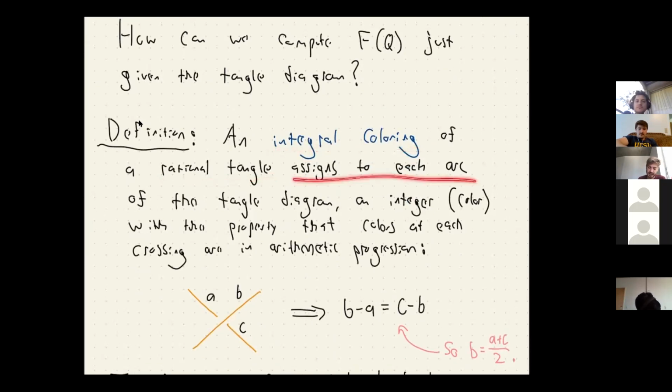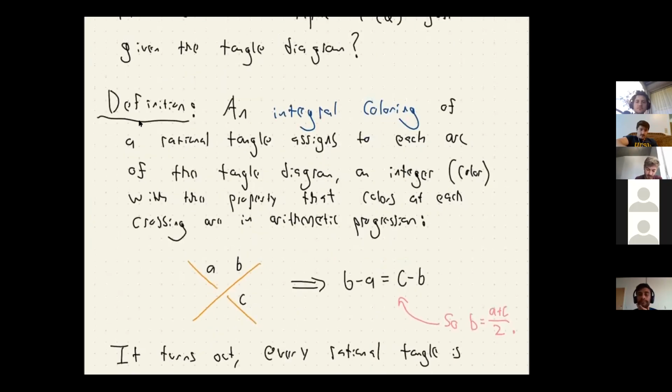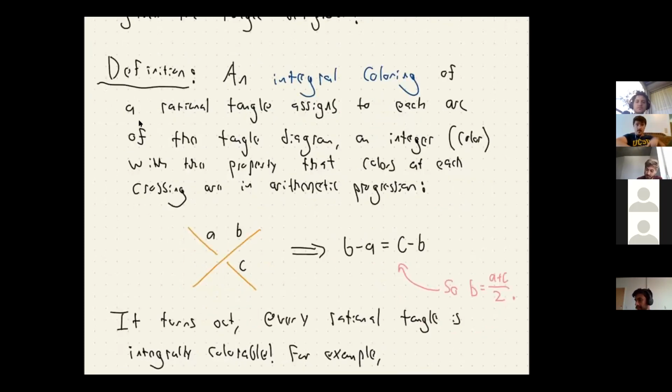It assigns to each arc of the tangle diagram an integer, or a color, with the property that the colors at each crossing are an arithmetic progression. What does that mean? Whenever I've got a crossing like this, the difference between A and B is the same as the difference between B and C. Another way to say this is that B is the average of A and C.